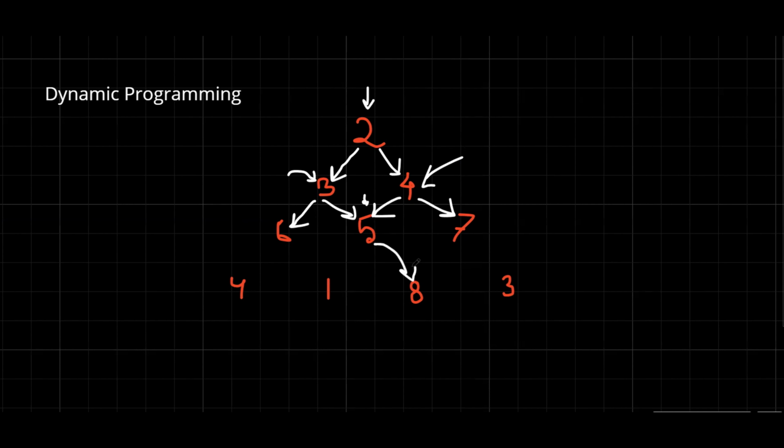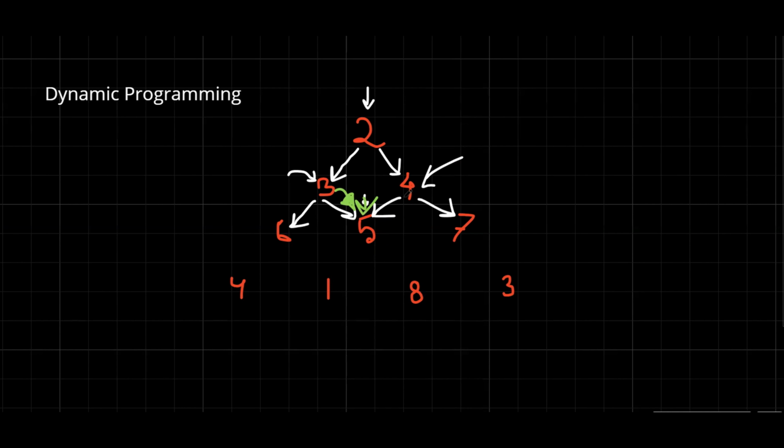But wait, we have encountered this subproblem before. When we reached this 5 from this 3, our subproblem was: what is the minimum cost we have to pay if we want to reach the bottom row from this 5?